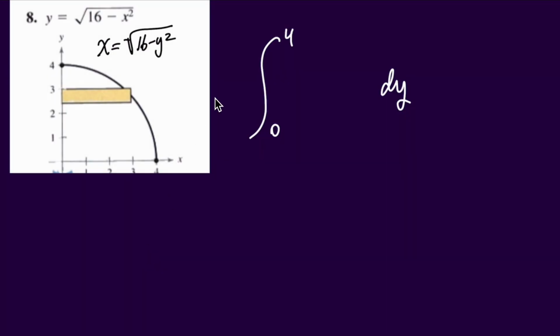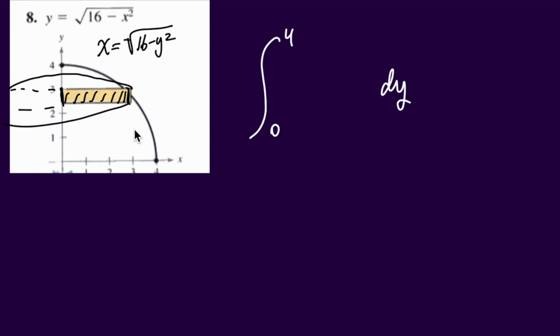Let's now go ahead and build our integral. The first thing we recognize is that this rectangle is going to be rotated around the y-axis. And when we do that, we'll see, folks, that there is no hole created. There's no hole because the rectangle goes all the way down to the axis of rotation.